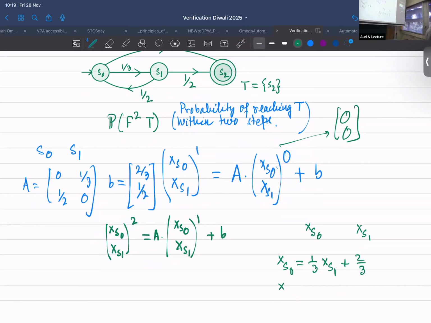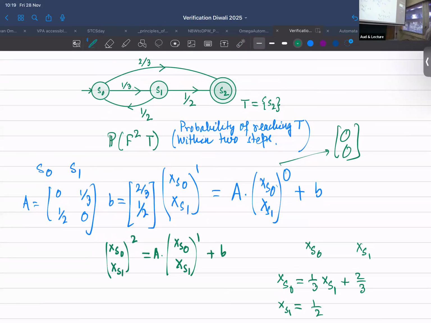And xS1 similarly is: with half probability I reach S0, and from S0 it's the probability of reaching S2, and with another half probability I directly reach S2.